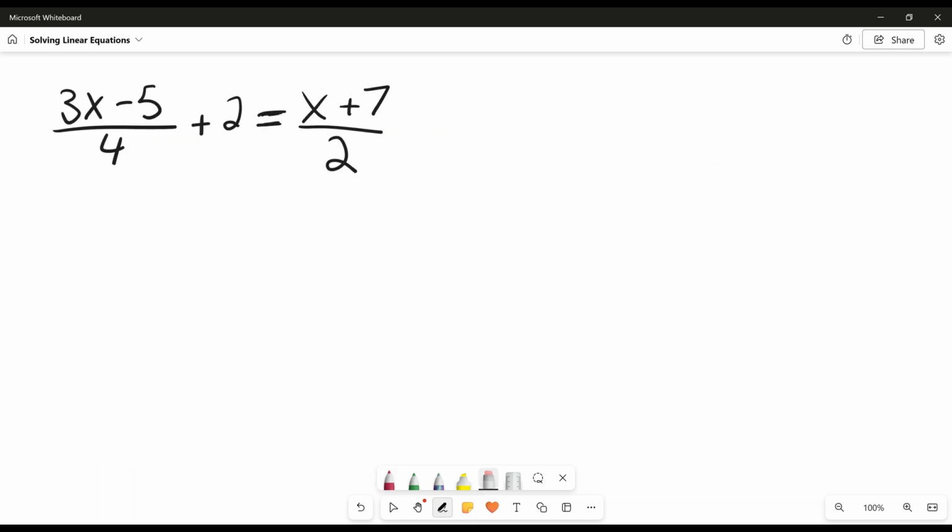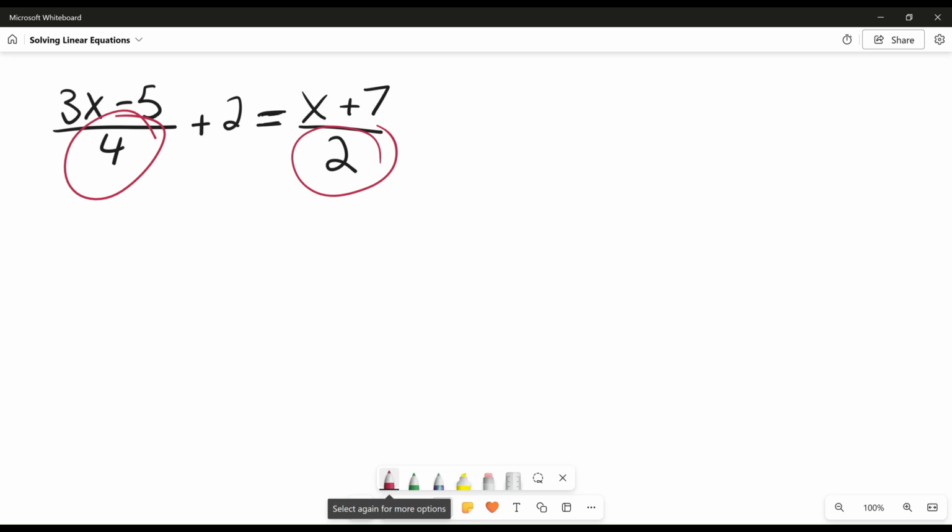So let's move to trying to solve for x when fractions are involved. So how would you approach this problem? You can see that you have a division of 2 and a division of 4. And the only way you can get rid of a division is by multiplying.